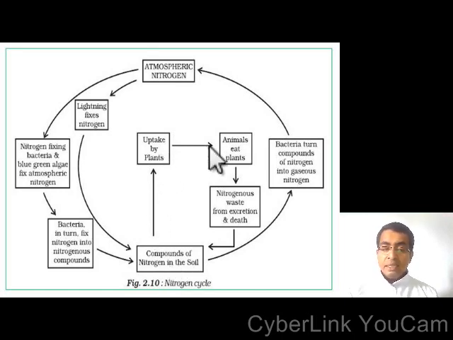When plants and animals die, and the excreta of the animals, are converted into nitrogenous compounds by the action of bacteria and fungi, these are used by plants again. Some other bacteria present in the soil convert these nitrogenous compounds into nitrogen gas, and this goes back to the atmosphere. So this is the nitrogen cycle.